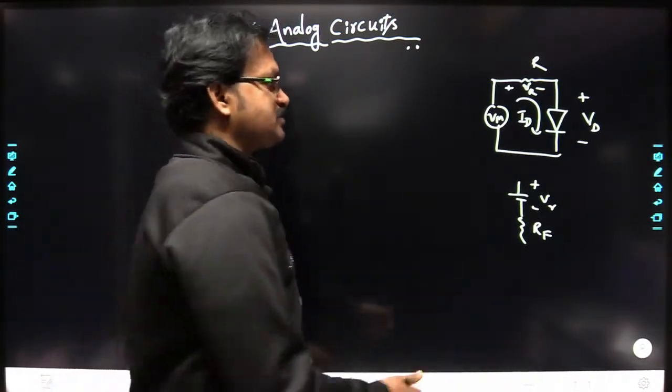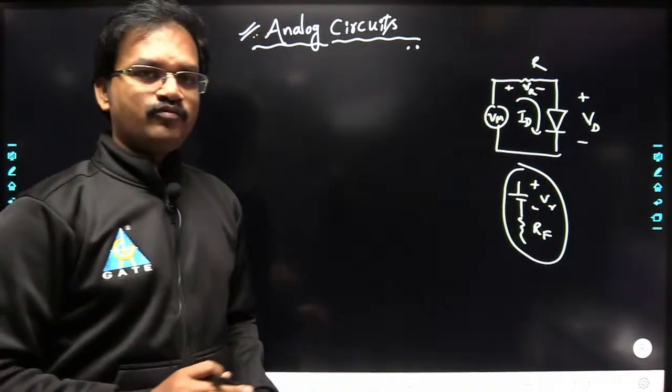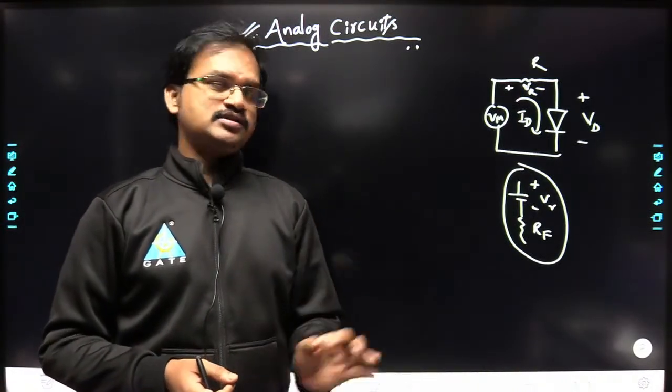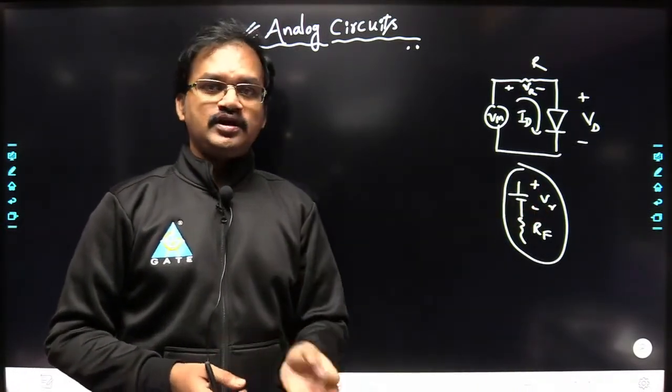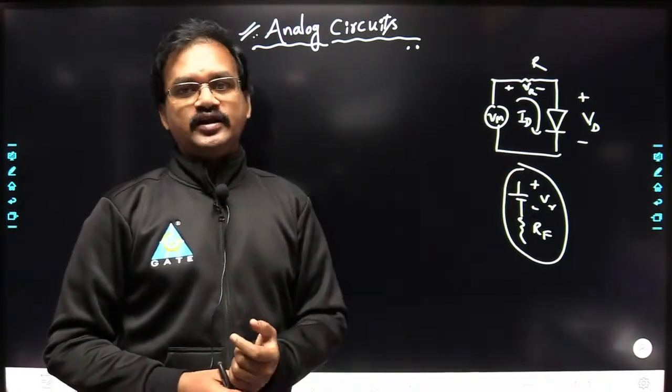Once we replace the diode with this piecewise linear model, the circuit becomes a linear circuit, and analyzing a linear circuit is very simple compared to analyzing a nonlinear circuit.